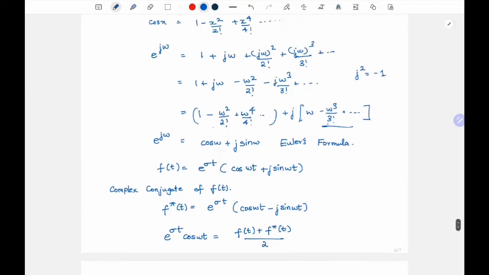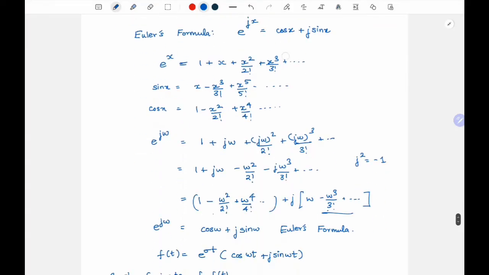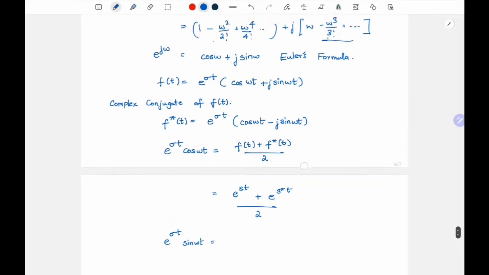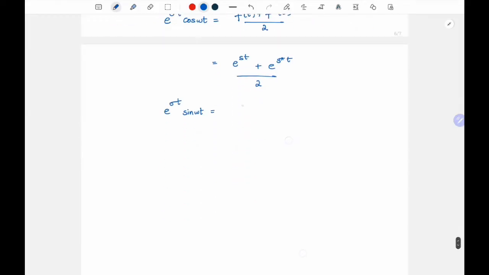And f of t itself is nothing but e power st. So this is e power st plus e power s star t by 2. And what about the imaginary part? What should I do? I should subtract f of t minus f star of t and divide by 2j, right? So it is e power st minus e power s star t by 2j.